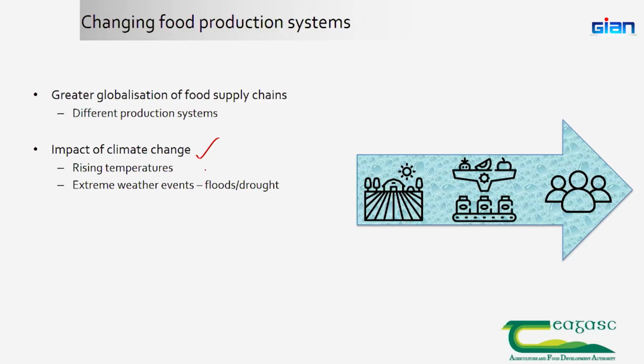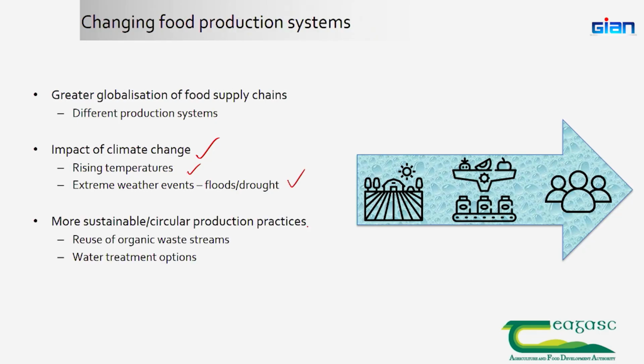Now, how can we make use of the water, how can we reduce the water usage? One is changing the production system. And if water is not dealt with, we have changes in temperature, extreme weather events, and we need reusing of organic waste streams or wastewater treatment or water treatment options.